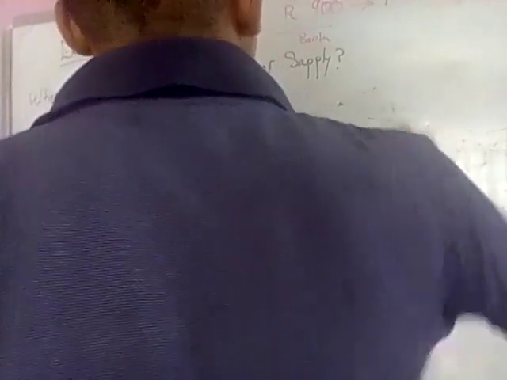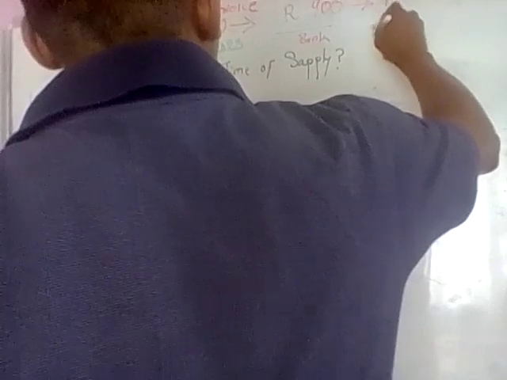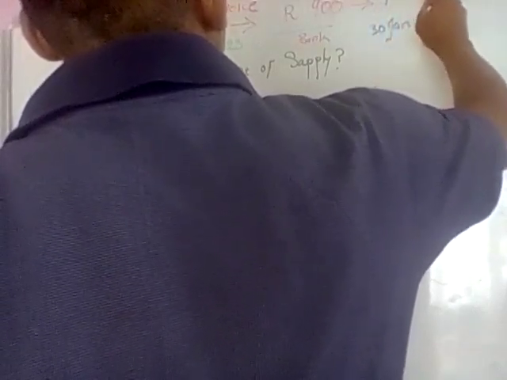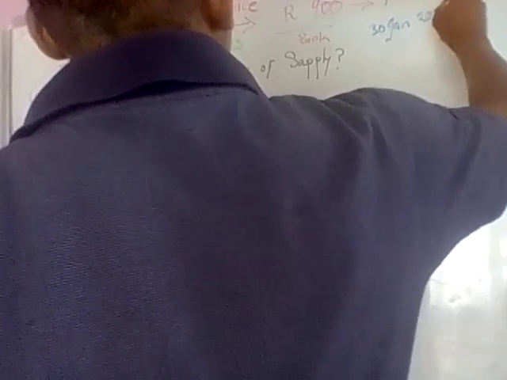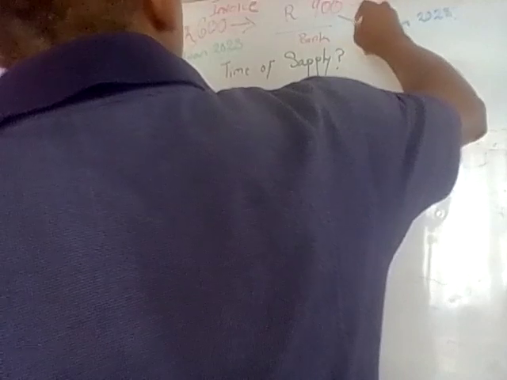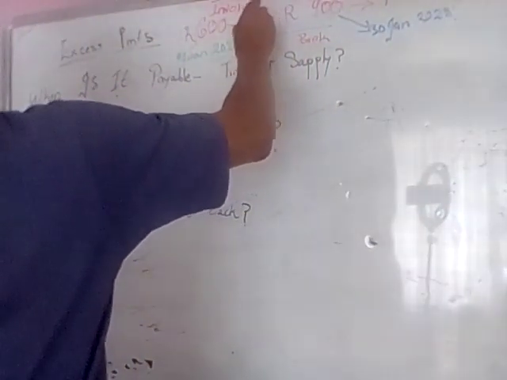And he makes payment back to us on the 30th of Jan 2023. He makes payment to us of 900 rands on this date, though he was originally invoiced for 600.